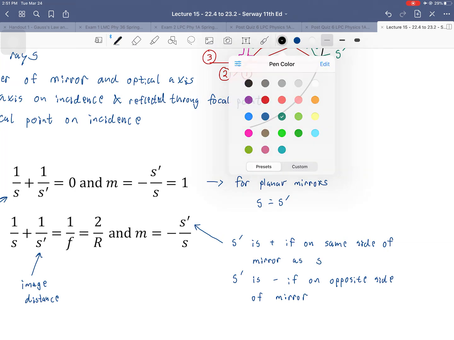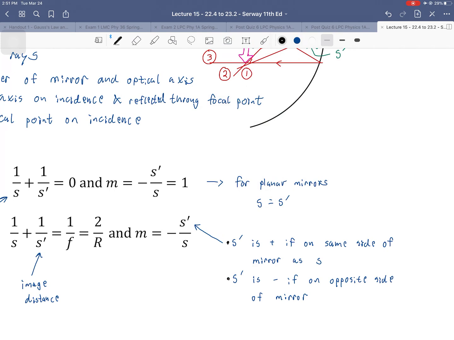Namely, that when you look at magnification and you have a magnification like the planar mirror, which is +1, that tells you that your image is upright and virtual. Because if your magnification is positive, then there's no inversion. Okay? So positive magnification means upright image.